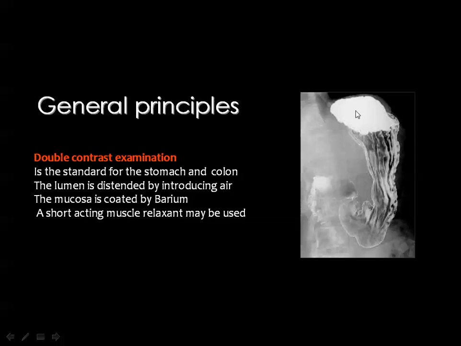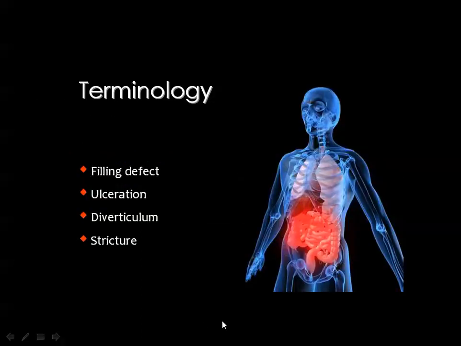Then you can have a mixture of air and barium in order to demonstrate carefully the mucosal folds and to see if there is any mucosal lesion like ulcers, for example. And meanwhile, through barium, you can identify the filling defects in the organ to be examined.